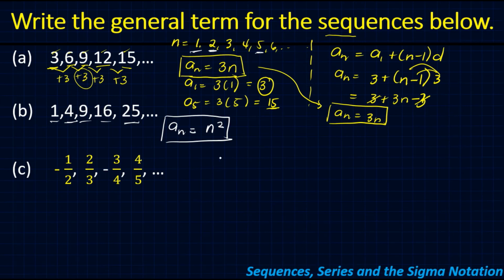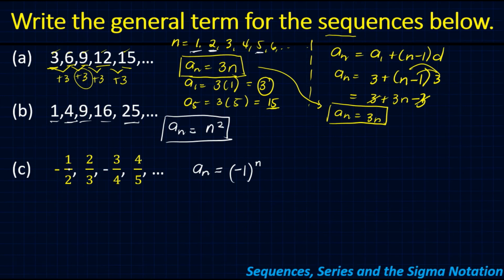So, paano natin siya isusulat? So, we have a sub n is equal to, okay, so pag nakita ninyo na meron tayong alternate na signs, maglalagay po tayo ng negative 1. Okay, negative 1. So, kapag ang first term natin is a negative, maglalagay lang kayo dyan ng n. Okay?